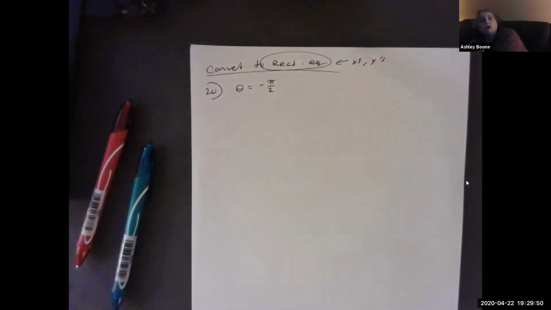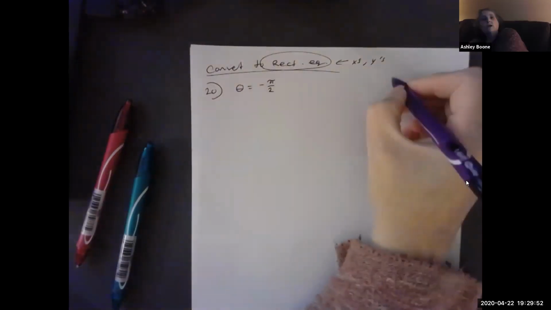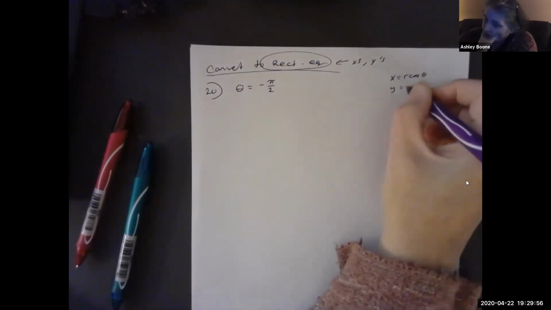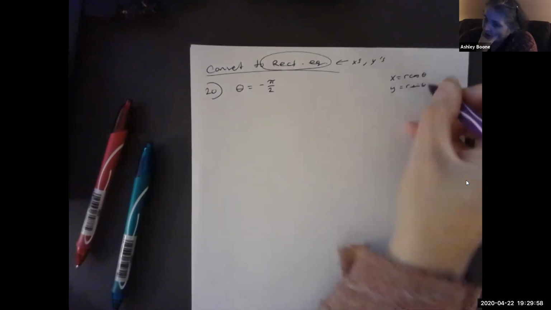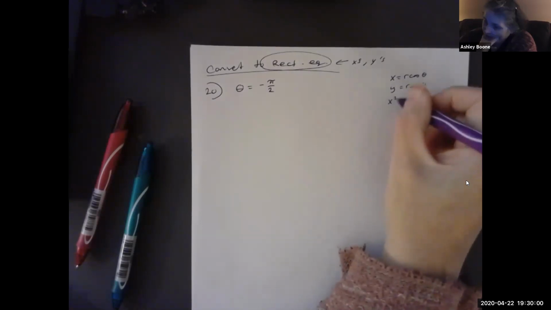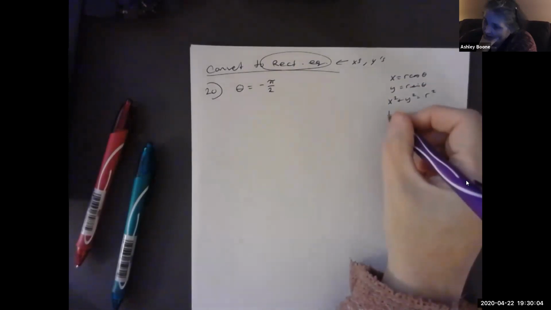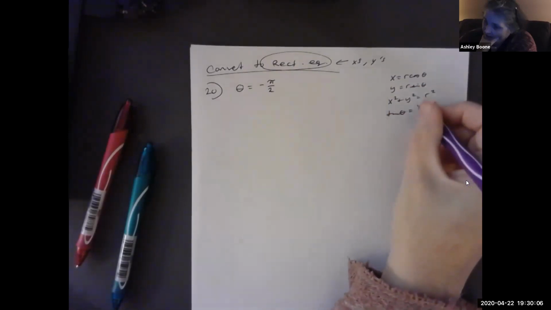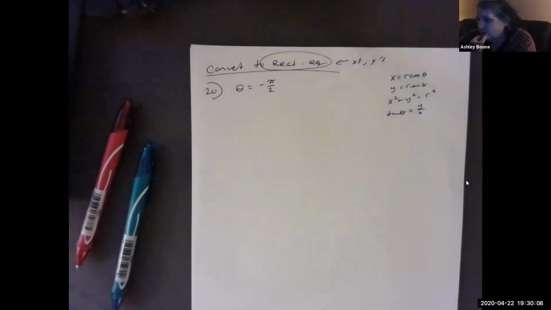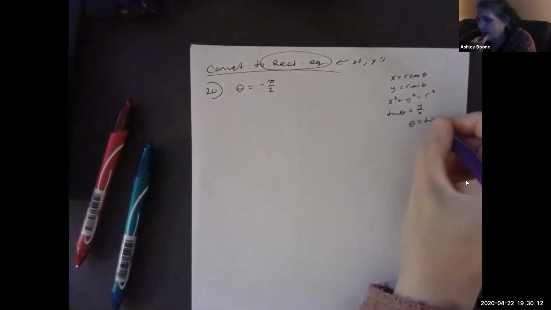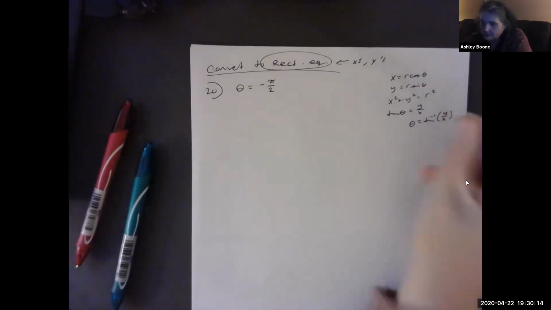Remember the toolbox of things we know. We know that x equals r cosine theta. We know y equals r sine theta. We know x squared plus y squared equals r squared. We know that tangent of theta is y over x, which means that theta is equal to inverse tangent of y over x.